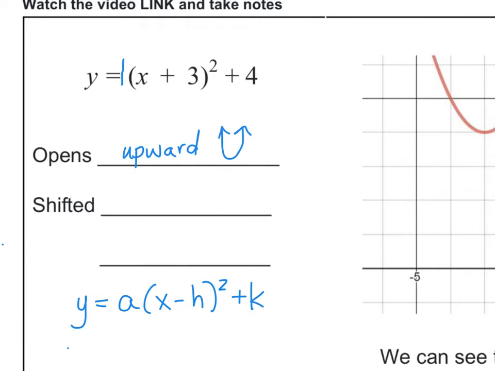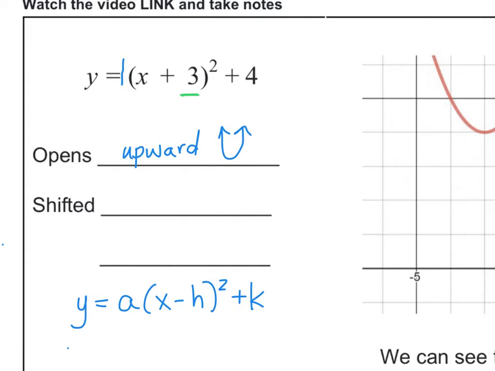We also know that if we examine the h, that tells us our locator point, our vertex, whether it's shifted left or right. And k, the value outside of the parentheses at the end, tells us whether it's shifted up or down. And so what we see here is our h value is actually a -3, right?